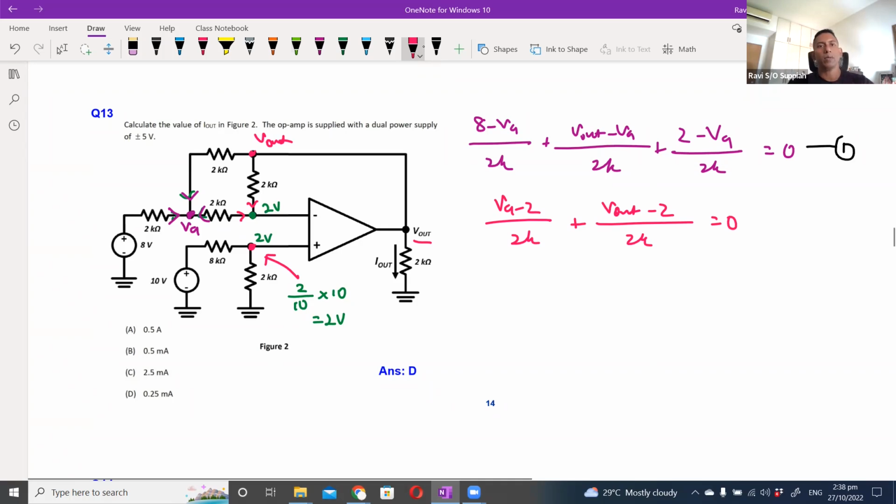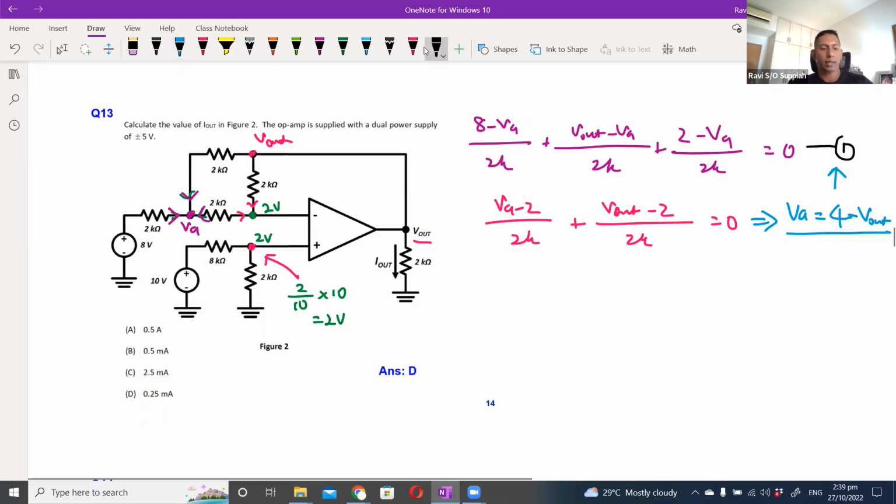Now, with that, I can simplify this expression to say that VA is equals to 4 minus V out. And I take this and I put it back into expression 1.